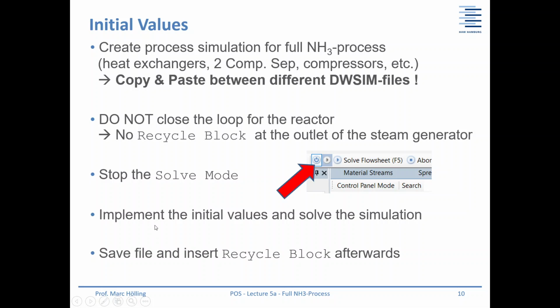So with this, you can implement the initial values and solve the simulation. And only after you have implemented the initial values, solved the simulation and saved it, then you can insert the recycle block in the right position. Okay.